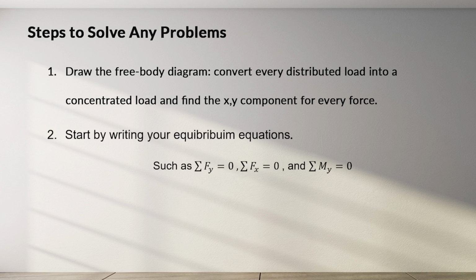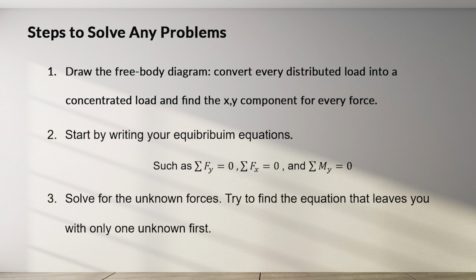The second step is to start by writing your equilibrium equations, such as the summation of forces in the y direction equals 0, the summation of forces in the x direction equals 0, and the moment around any point is equal to 0. The last step is to solve for the unknown forces. Try to find the equation that leaves you with only one unknown first. Then you'll complete the other steps later.